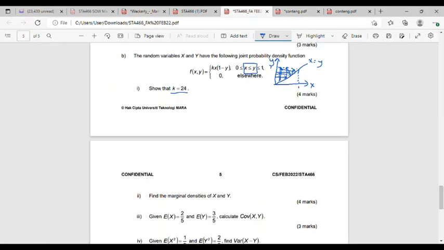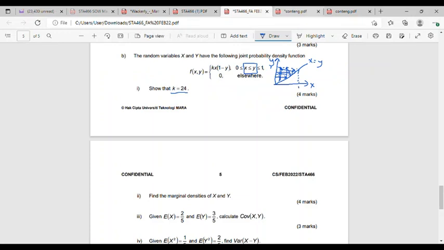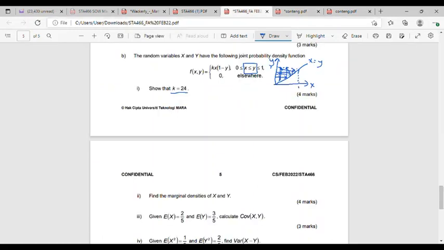Or we can also do dy dx. So with dy dx we integrate y from x to 1 and x from 0 to 1. Okay, y from x to 1, yes.